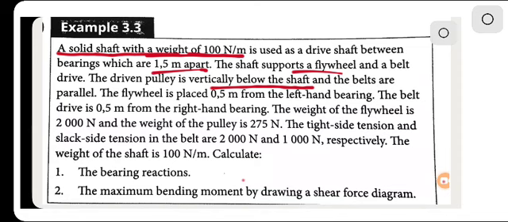When it's vertically below, what do we do? The belt tension acts downwards. Vertically below, the pulley also will act downwards. We did discuss that, but we'll see as we do this question.